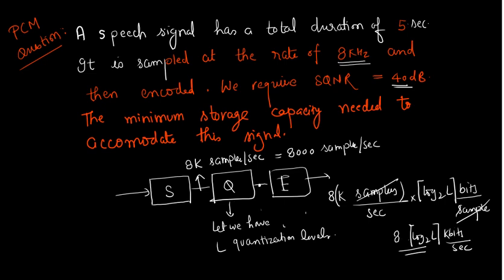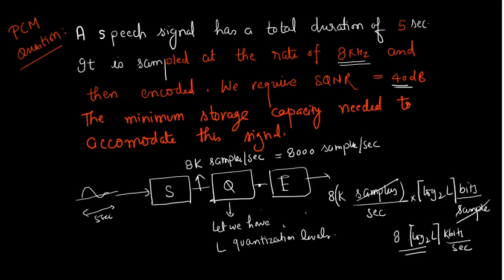So this is your message signal. For 5 seconds you just have a clip, you sample it, quantize it and encode it. For encoding, if you have L number of quantization levels, then you take log to the base 2 of L, and you take the greater integer of this, and then you encode it.